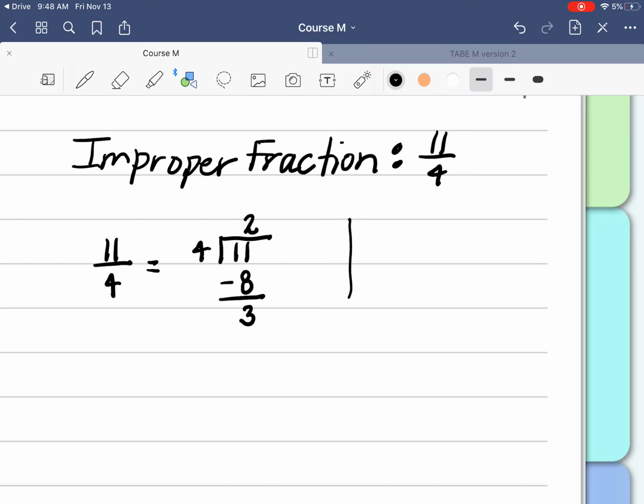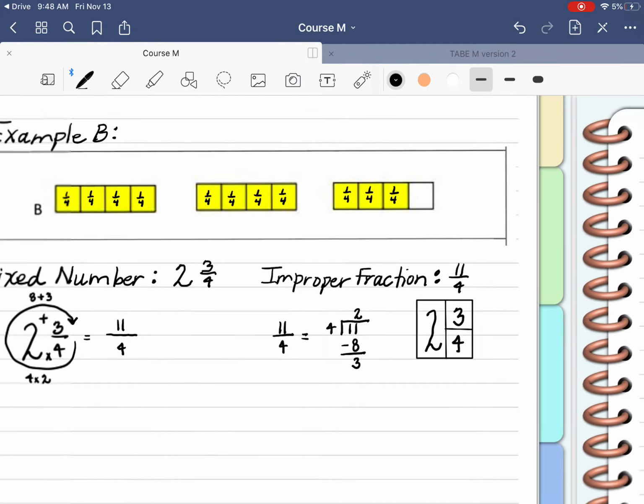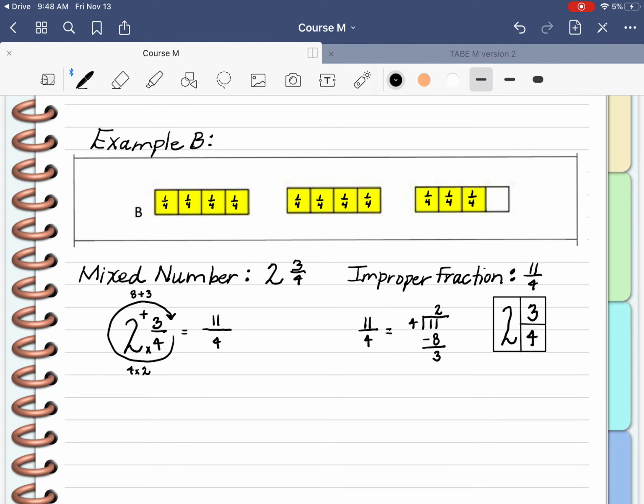So QRD your answer. Quotient is the tall one. Remainder and divisor. And look at what we have. So what this tells me is that mixed numbers and improper fractions are mathematical inverses.